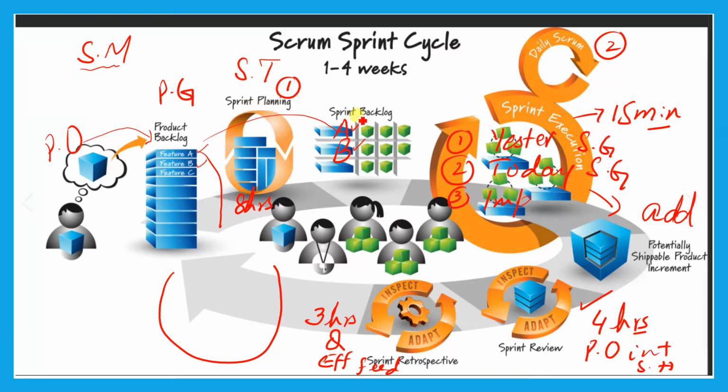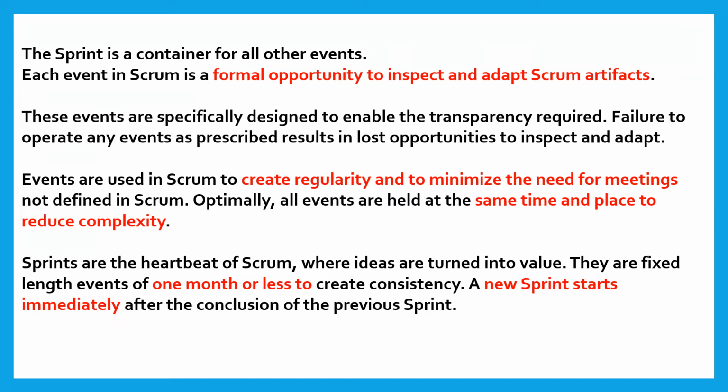Right, I hope this sprint cycle is clear. Whatever I said is written here. The sprint is a container for all other events. Each event in a scrum is a formal opportunity. Formal means we have to adopt, we cannot skip. Even if we are experienced, we cannot skip the sprint review, or we cannot skip the sprint retrospective and so on.